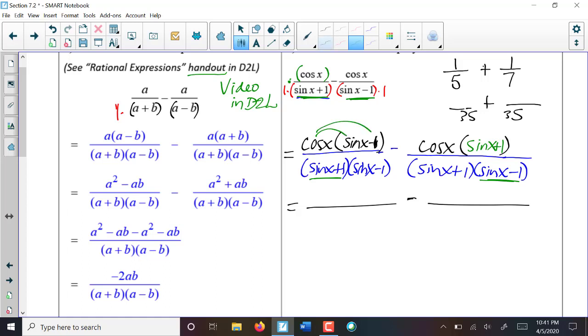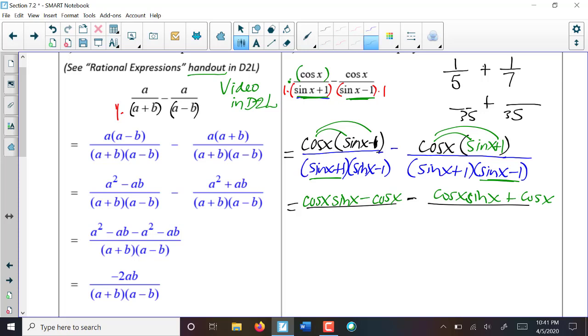So I end up with cosine x sine x minus cosine x. And then here, when I distribute, I end up with cosine x sine x, that's multiplication, plus cosine x.